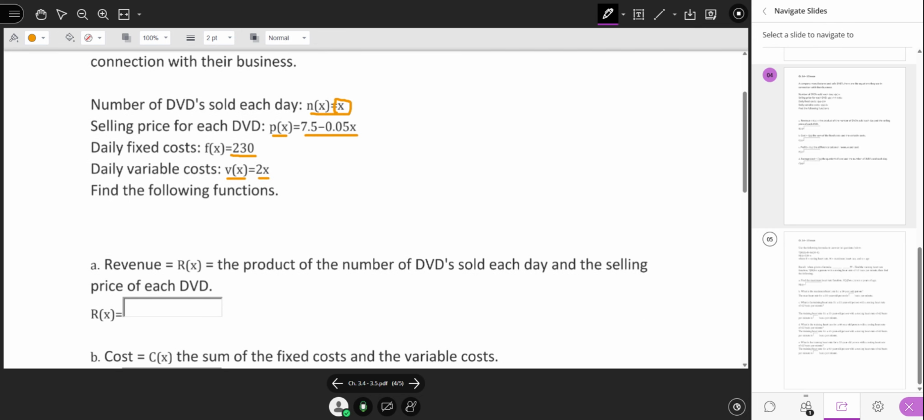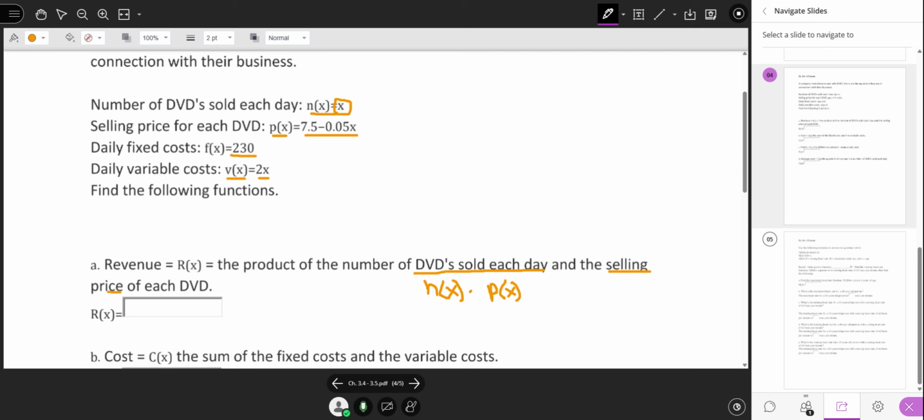Okay. Revenue. All right. The product means multiply, is the number of DVDs sold and the selling price. So N of X times P of X. Number of DVDs sold times the selling price.